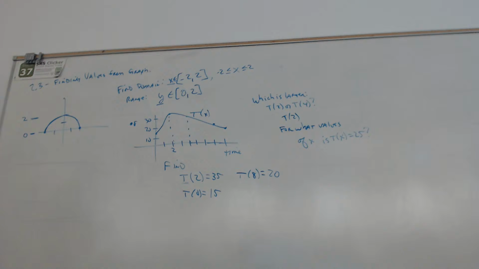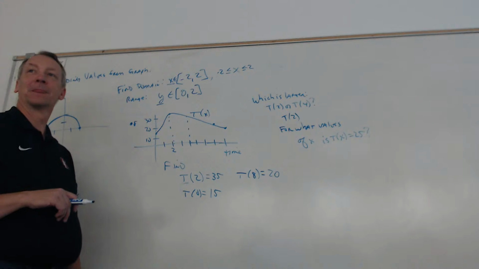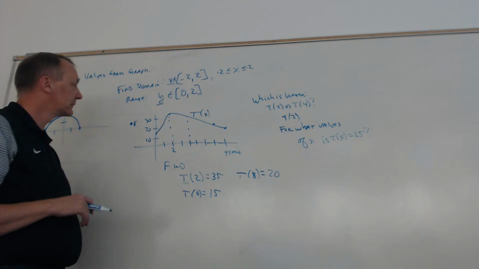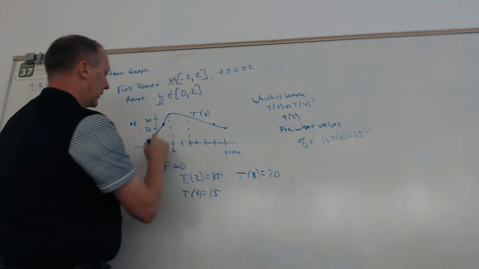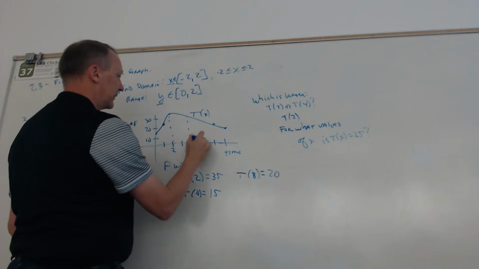Okay. For what values of x does t equal 25? And I know that you don't have to be super precise on this. 1 and 6. Okay, so you're saying that value there? 1, 2, 3, 4, 5, 6.